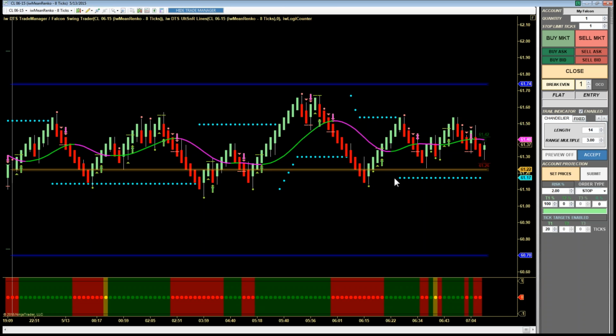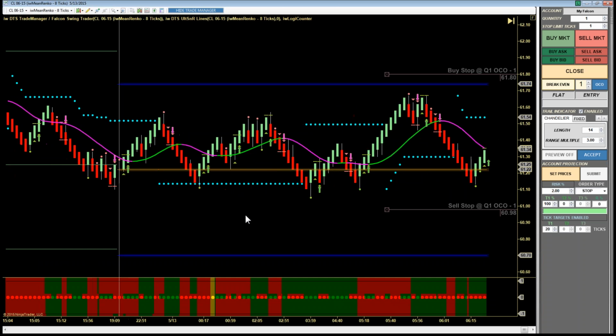What I'm doing is I'm just trying to decide which stop strategy I want to use. And now what I'm going to do is use our OCO function here. I'm going to place an order to buy above and an order to sell below. Now these orders are live the moment you put them on your chart, so I tend to place them away and then pull them in.